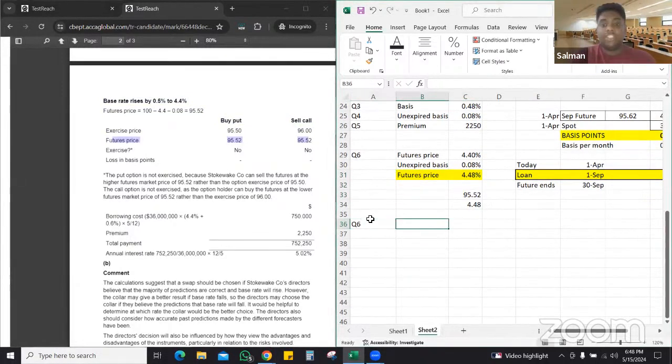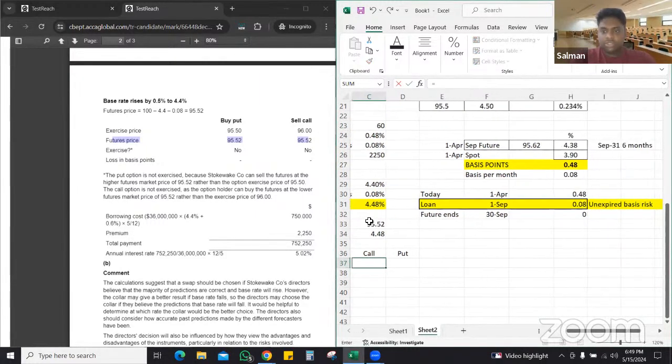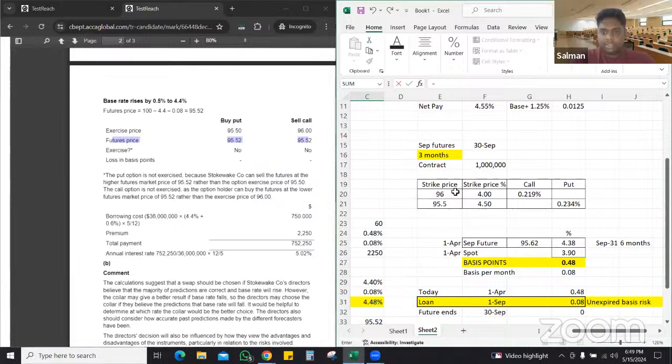Now, since it's an option, you have to decide whether to exercise the option or lapse the option. So we are going for both call option and put option. What is the exercise price? Call option, 96 means 4%, right?